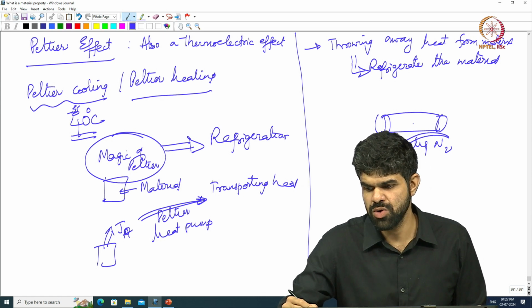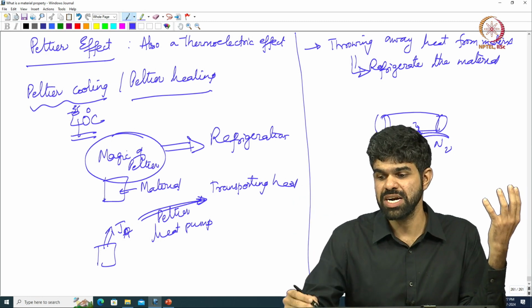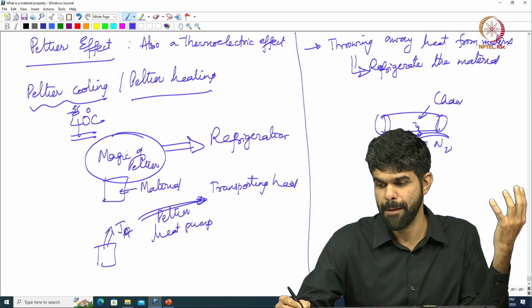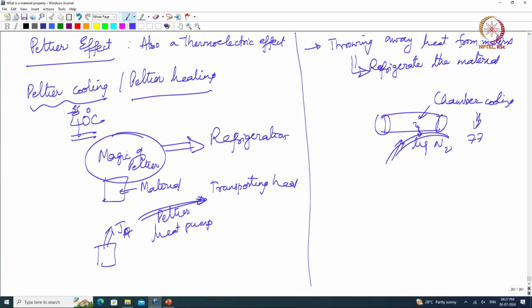The heat from here gets transferred to the liquid nitrogen and that is how this chamber gets cooled. I can essentially cool this down to about 77 Kelvin, the temperature at which liquid nitrogen exists as liquid.